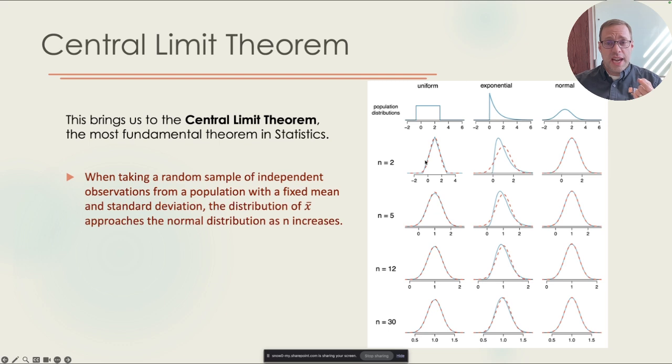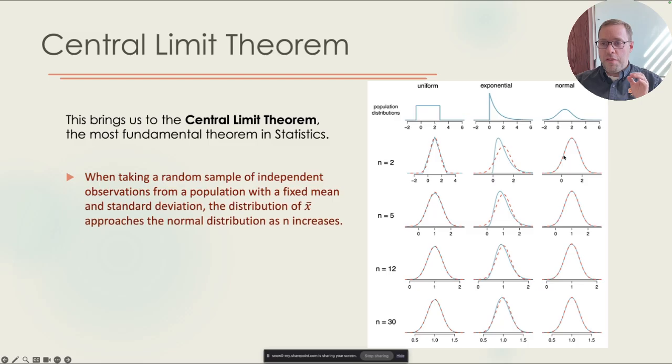If my sample size is 2, then my sampling distribution, indicated with the blue line here, starts to mimic the normal distribution. It starts leaning that direction, but it's not there yet.